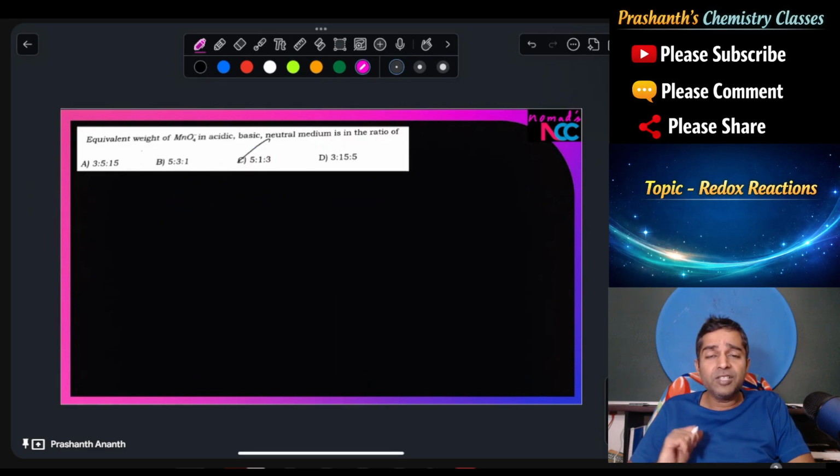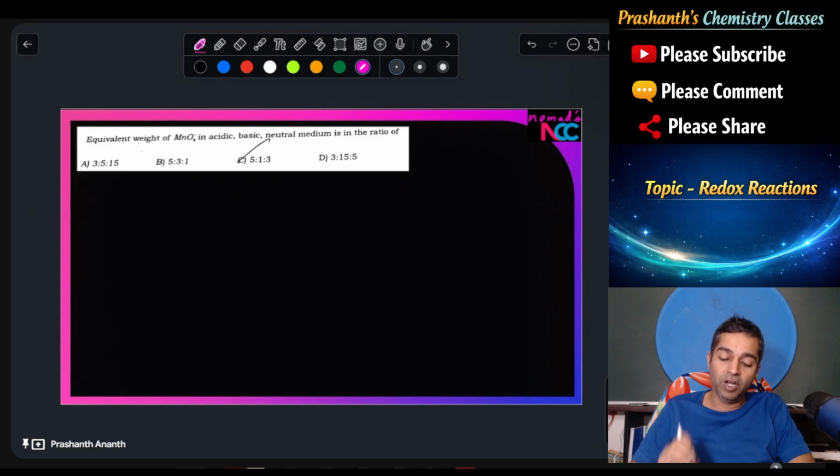So the next question is going to be involving equivalent weight again, redox reactions of course. Equivalent weight of MnO4 minus in acidic, basic and neutral medium is in the ratio what? So we need to know a little bit of information about how MnO4 minus behaves in acidic, basic and neutral medium.